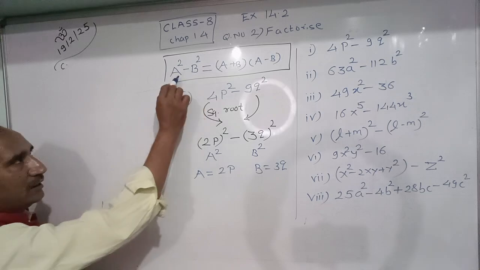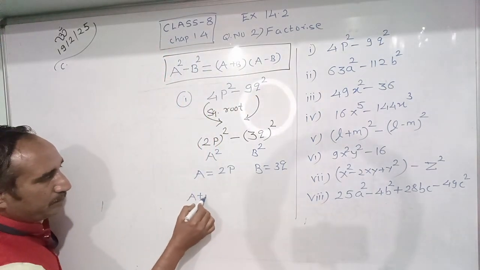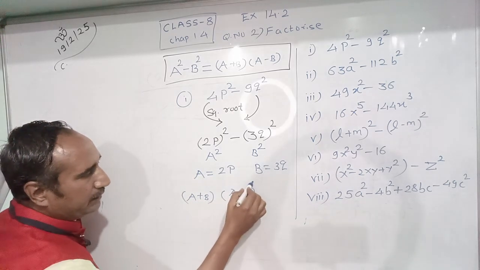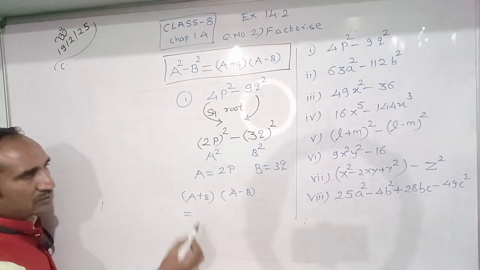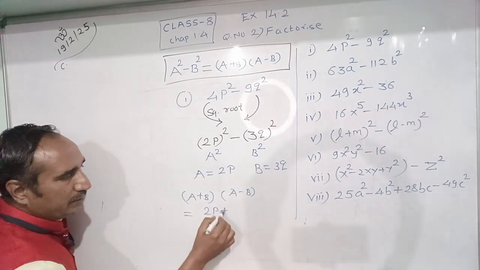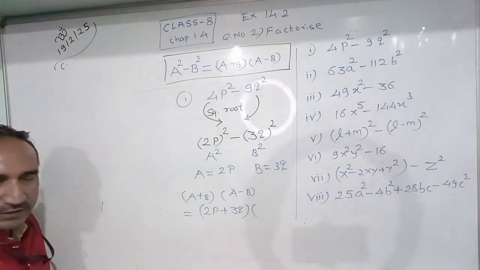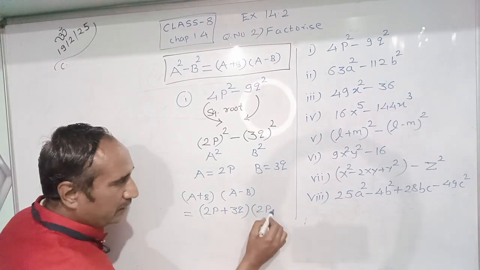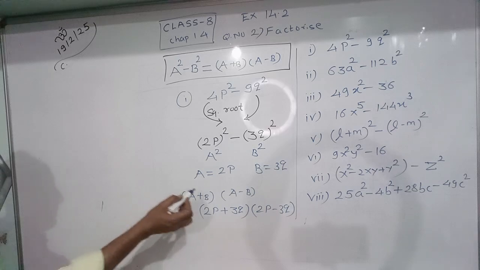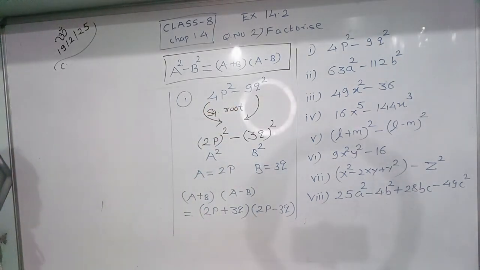Now the right hand side of the same is a plus b, and in another bracket a minus b. So our factors are 2p plus 3q, and second is 2p minus 3q. These are the factors for the first question.